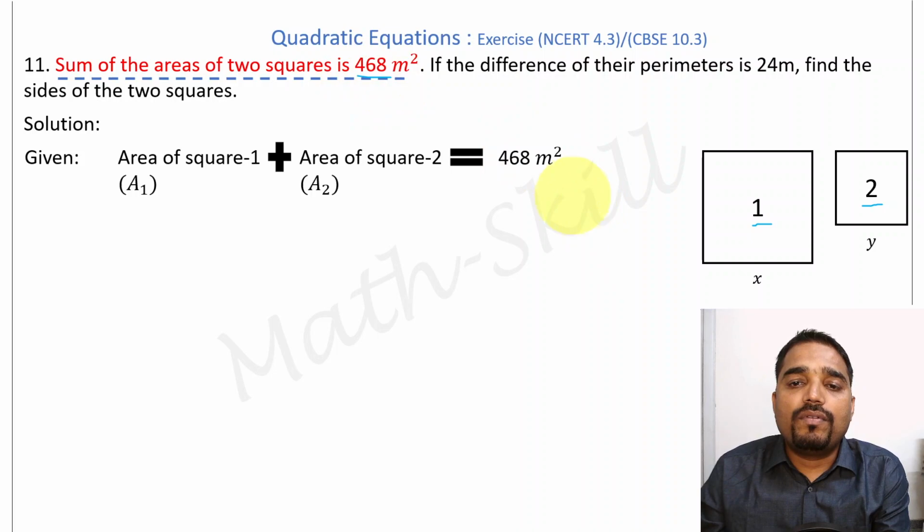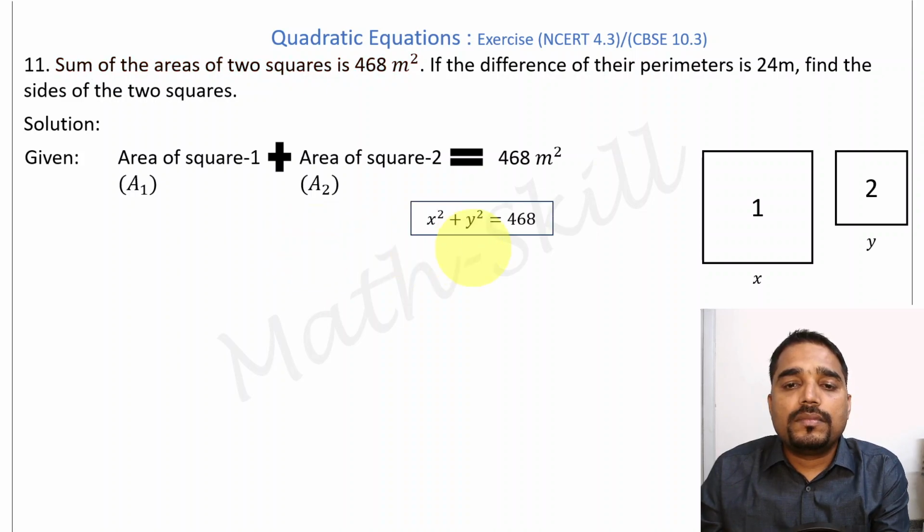A1 is the square of side x meters, therefore x square plus y square is equal to 468.